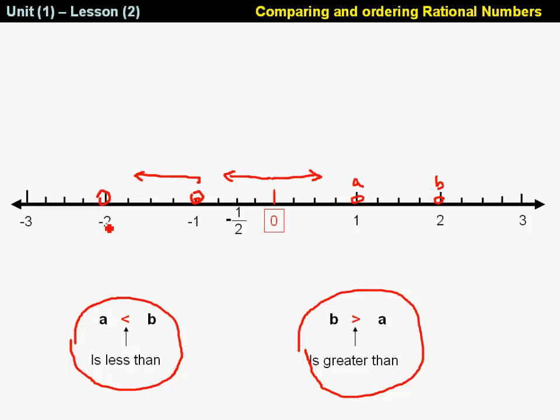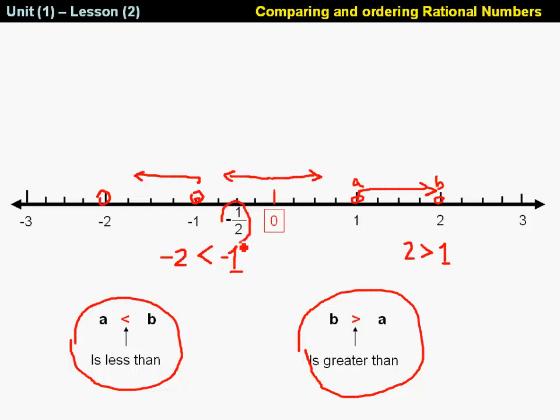So -2 is less than -1. But here 2 is greater than 1. Why? Because we stand at +1 and move to the right, so any number after 1 will be larger than 1. So 2 is bigger than 1.